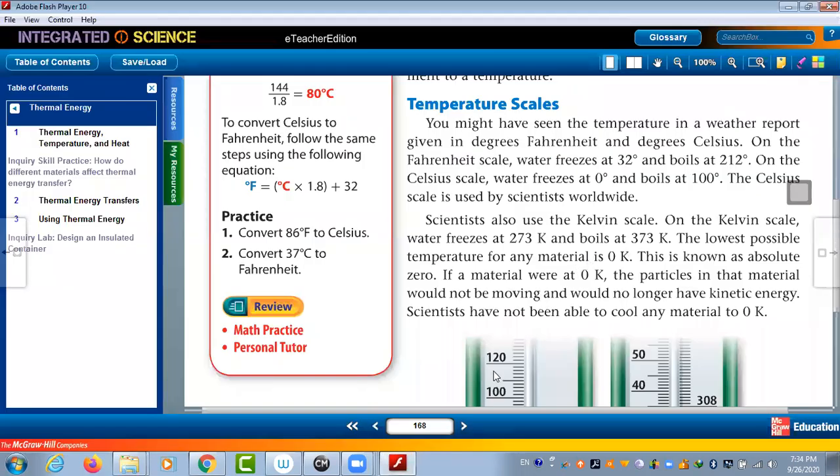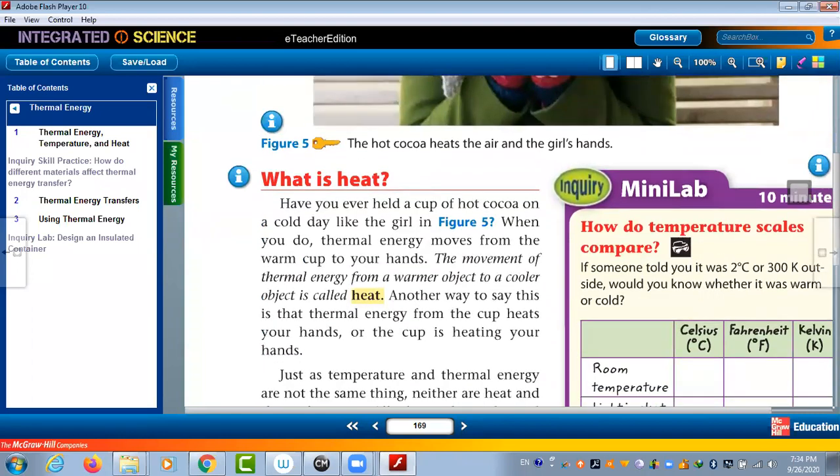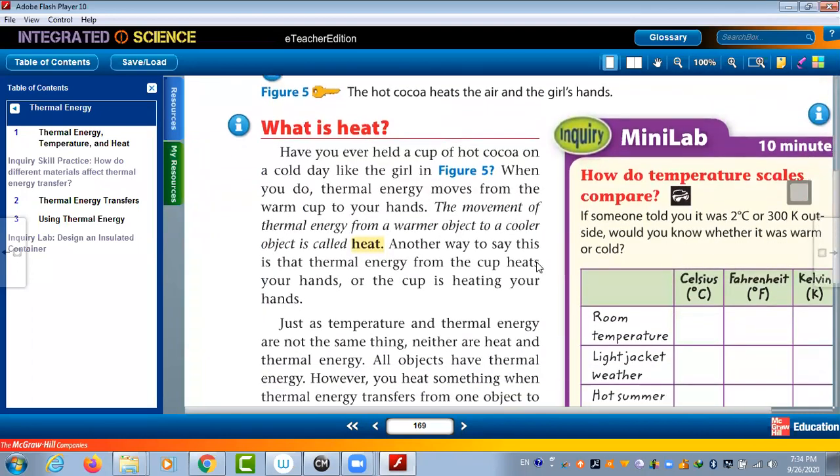Sorry guys, if you have any questions, I just want to finish the lesson and then take your questions. So here, what is heat? We said there is a big difference between heat, temperature and thermal energy. The movement of thermal energy from a warmer object to a colder object is called heat. If you hold a hot cup in your hand, the thermal energy will move from the cup to your hand, like in the picture here.